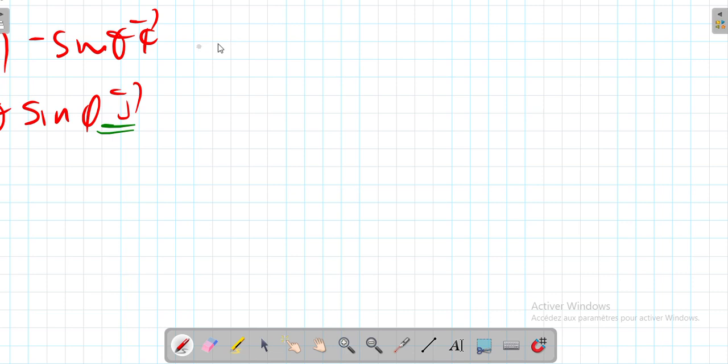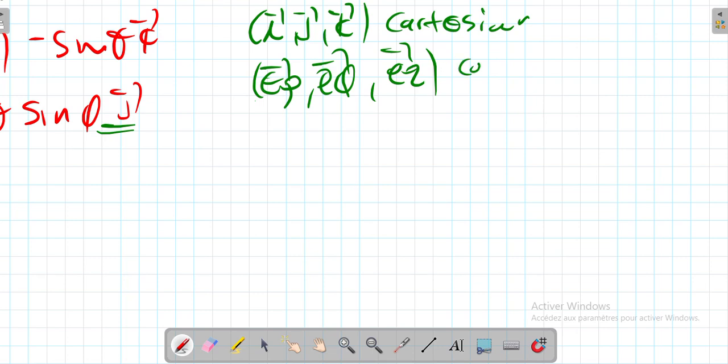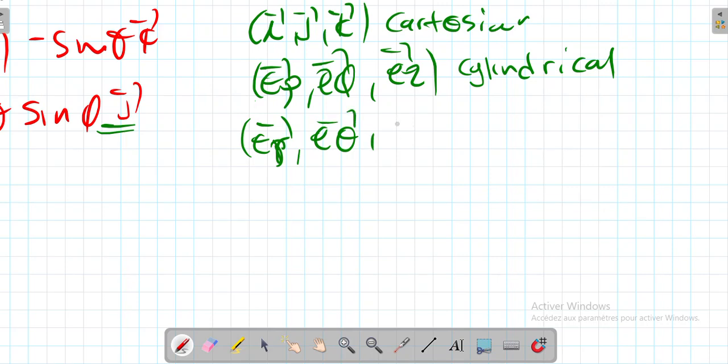In summary, for the Cartesian coordinate system, they use E, G, and K as base vectors. Then for the cylindrical coordinate system, in my previous video, we said E rho, E phi, and Ez, which is the same as K. And then for the spherical coordinate system, it's ER, E theta, then E phi.